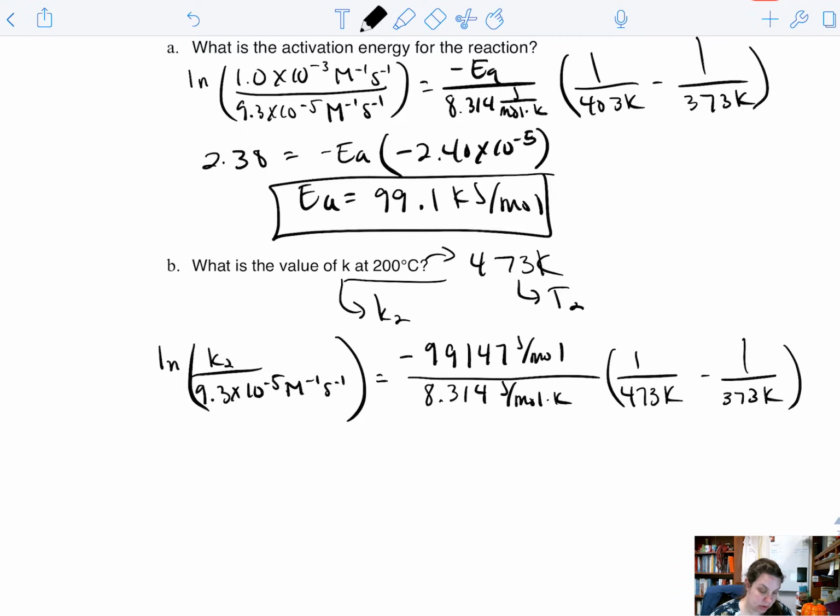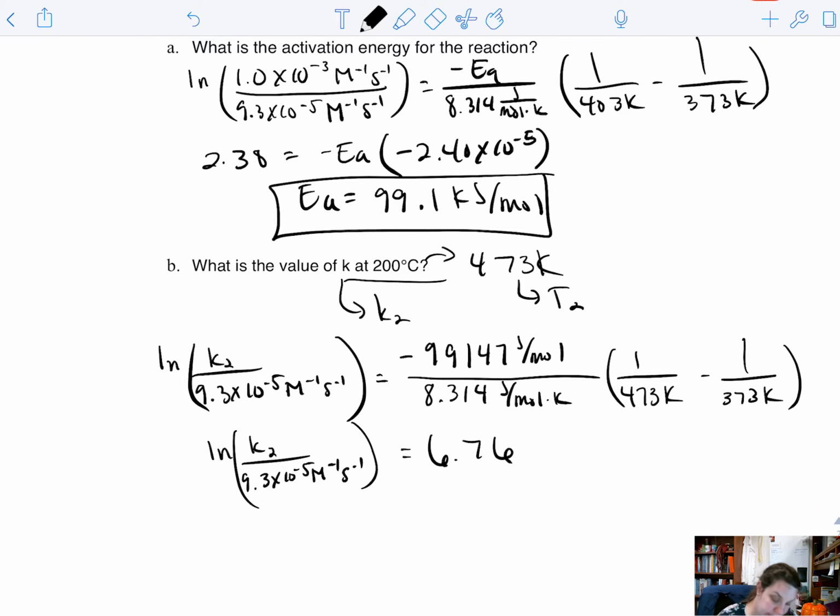Okay. Solve for everything on the right side. We get ln K2 divided by 9.3 times 10 to the negative 5 equal to 6.76. Take e to both sides.